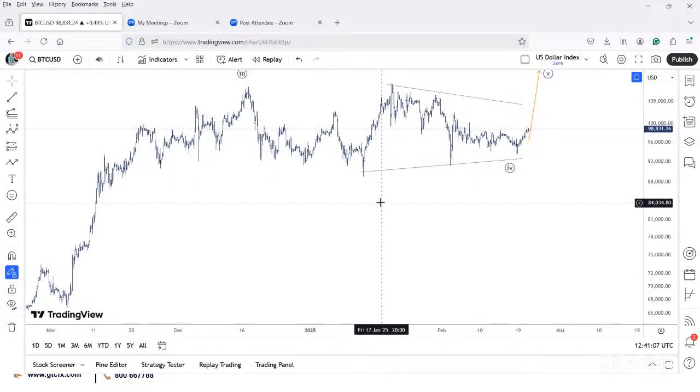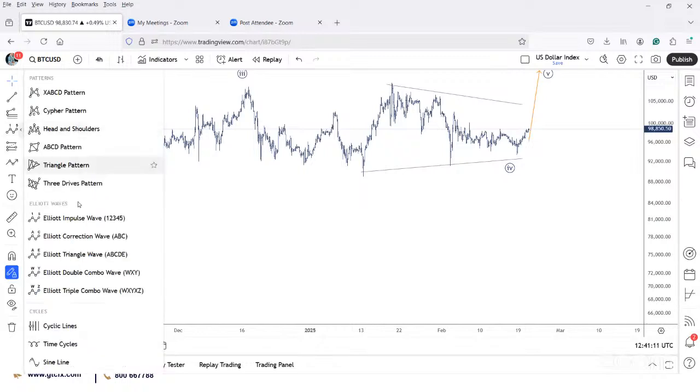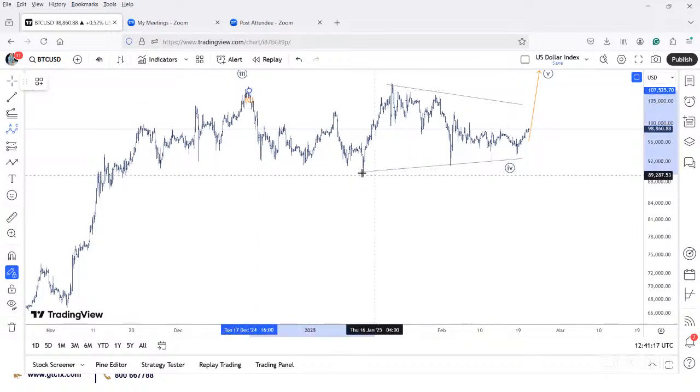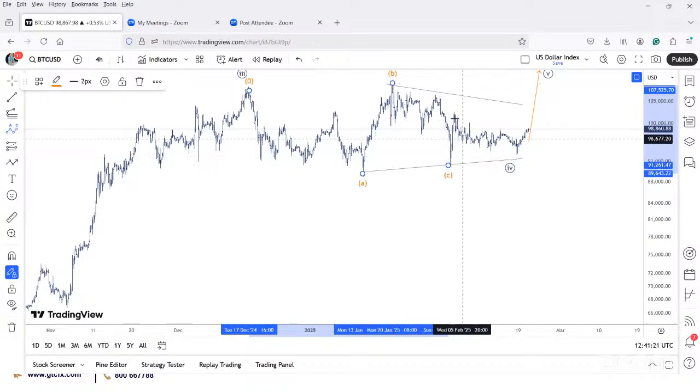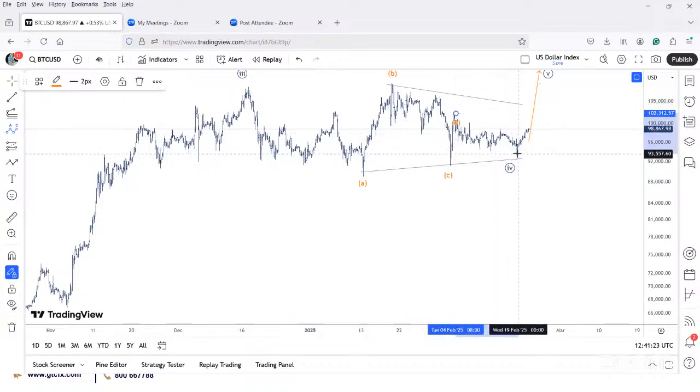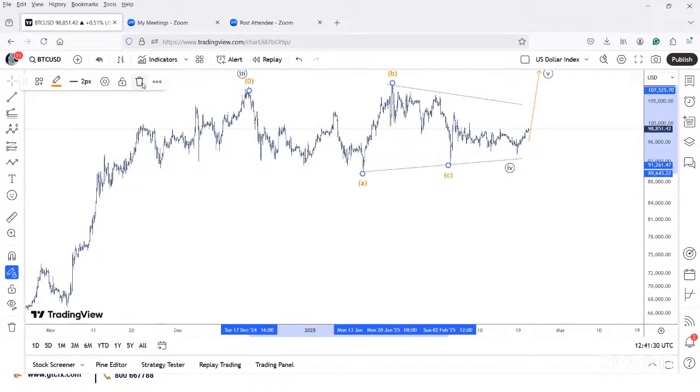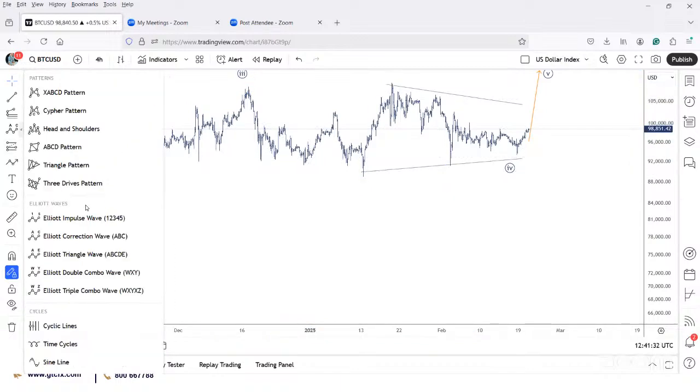Now, the thing we need to understand here, why the recommendation was given on the buy side potentially was that this minute degree wave 4 possibly terminated as a triangle. Oh, I took the wrong one. You need to take the triangle. So please excuse me.